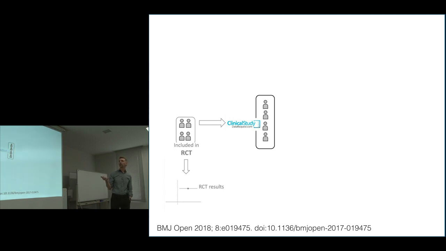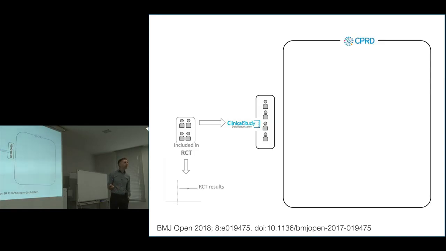There's a website that you can apply to called clinicalstudydatarequest.com, and you simply tell them what your research question is, and they grant you access to the data. So having got those individual patients, what we then do is go to the CPRD and find patients who look as similar as possible to each of those patients in the trial.